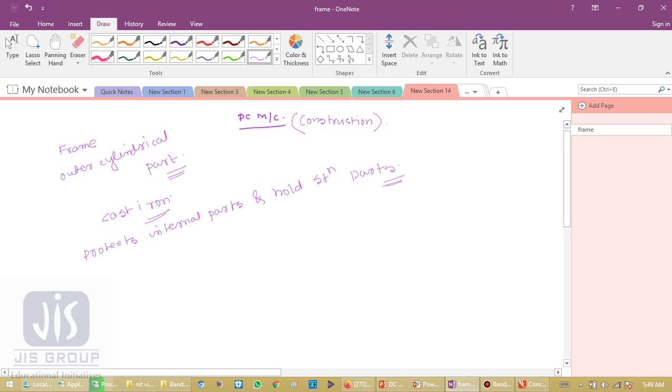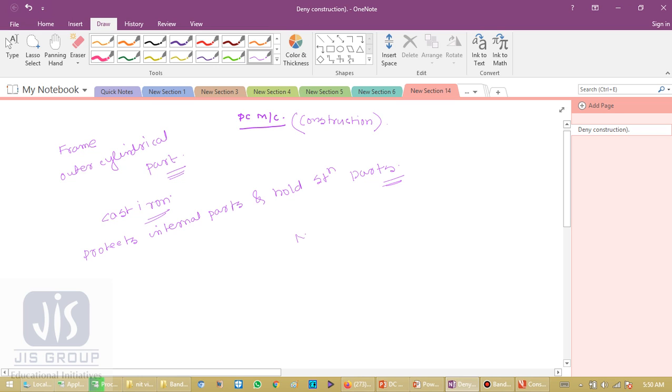and what is there inside this frame? That is the part of the stator. Inside the frame are the components of the field system in DC machines, this field system or magnetic system.